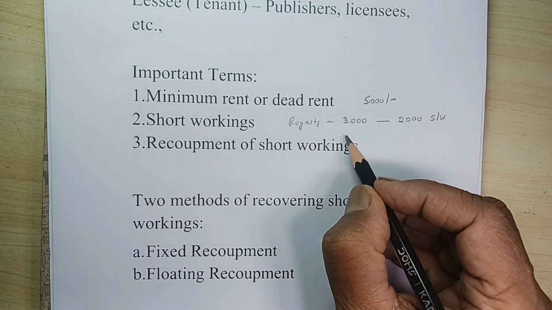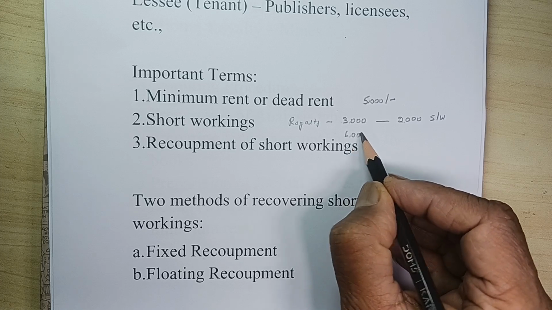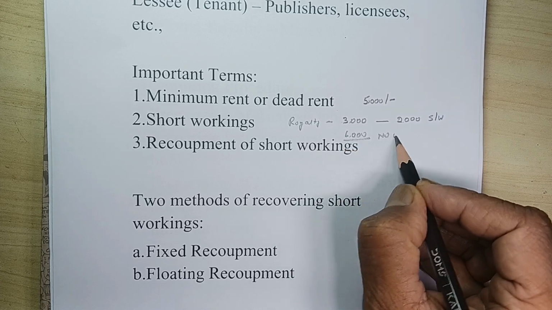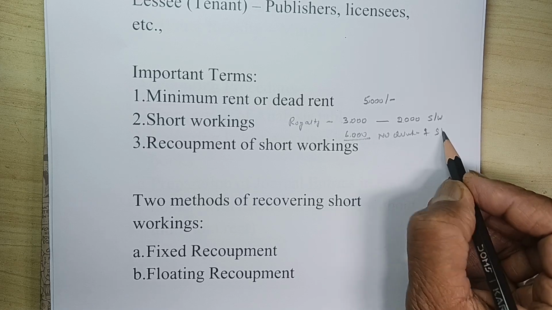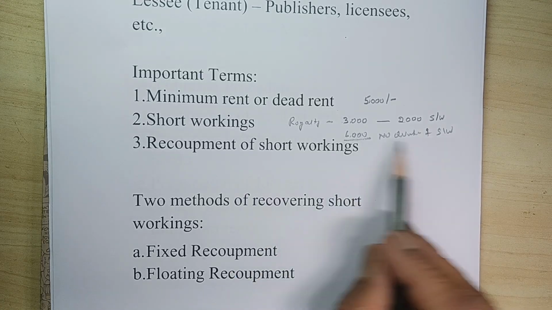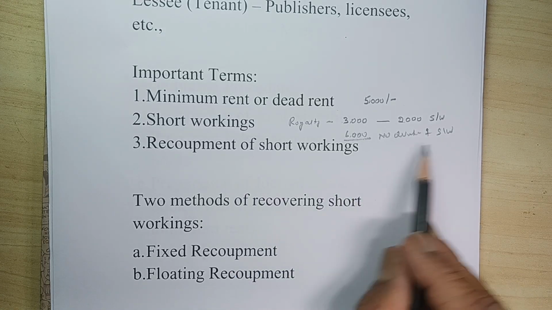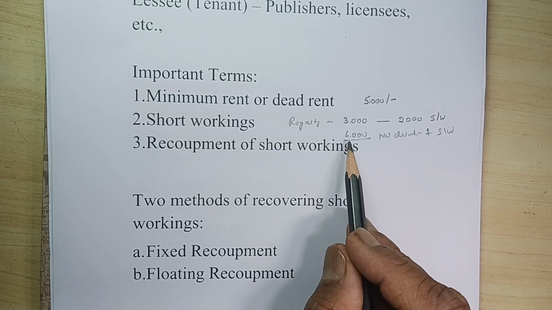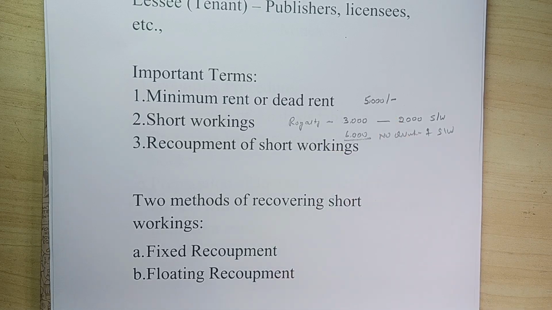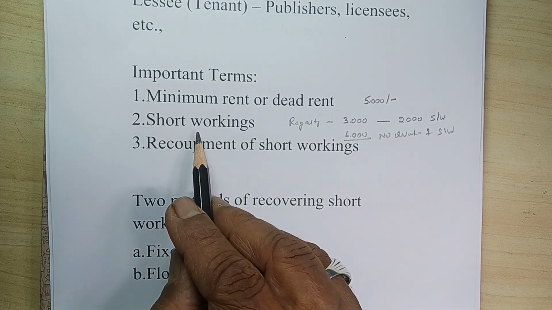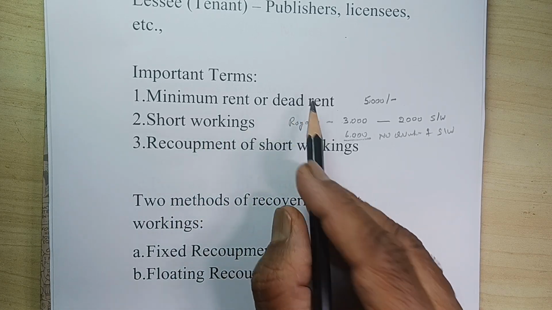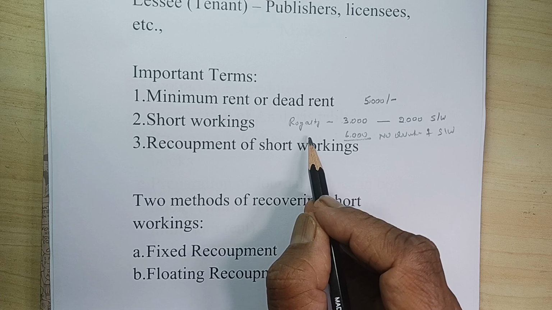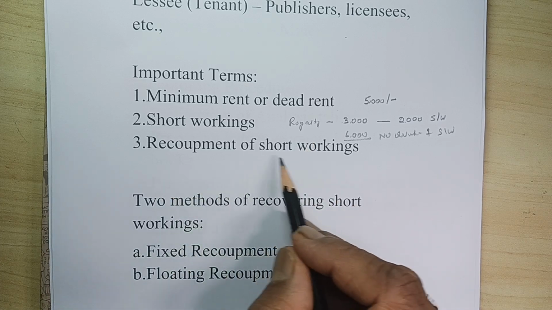Assuming that you have earned a royalty of 6,000 rupees, then there is no question of minimum rent or short working, because your royalty is more than the minimum rent. So short working is nothing but when the dead rent is more and your royalty is less.